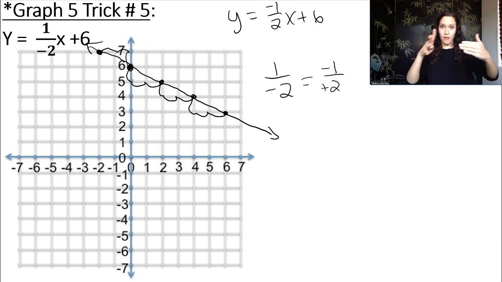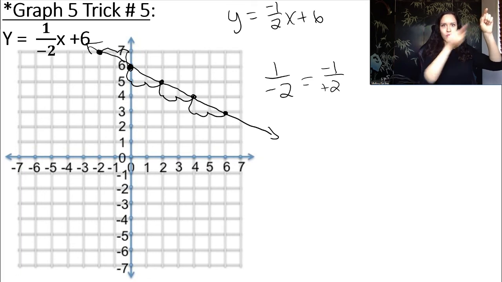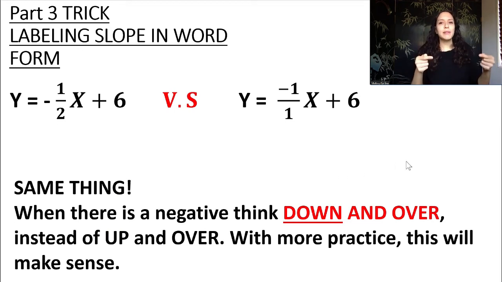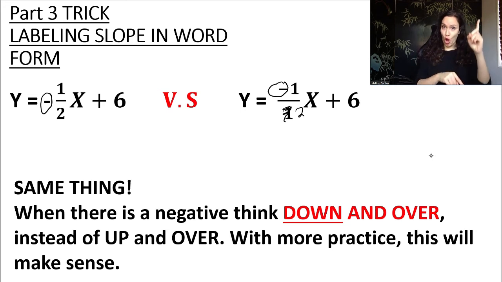When you are doing the trick, I need to see the jumps, and I want to see you doing the points in the opposite direction as well. Again, it doesn't matter if the negative is in the middle, on the top, or on the bottom. Let me just switch this to a 2 to make it easier to see.